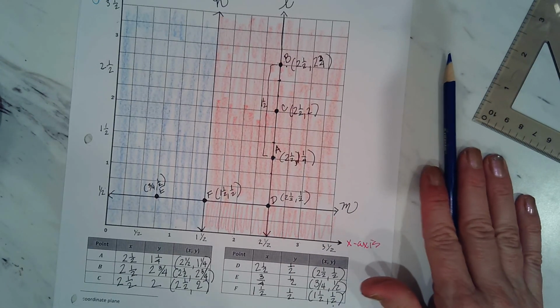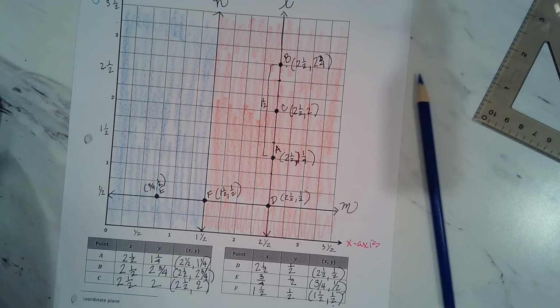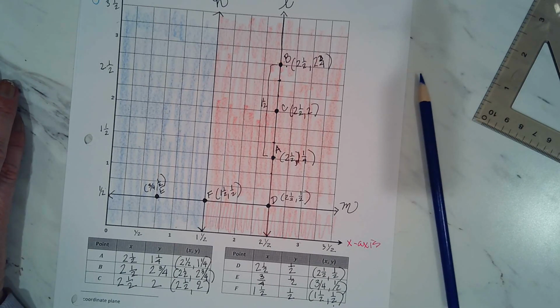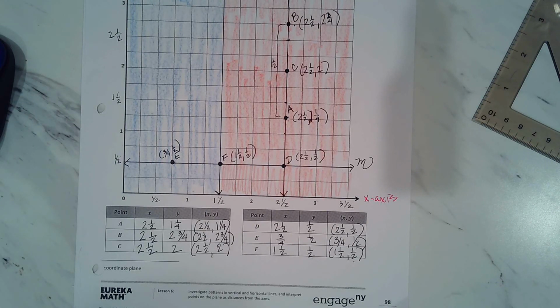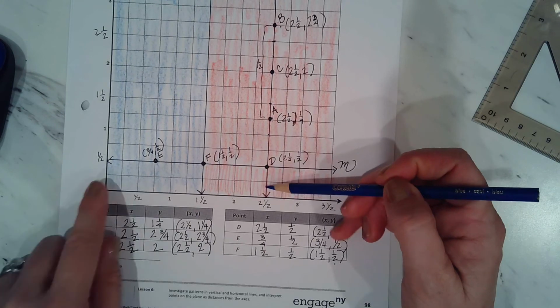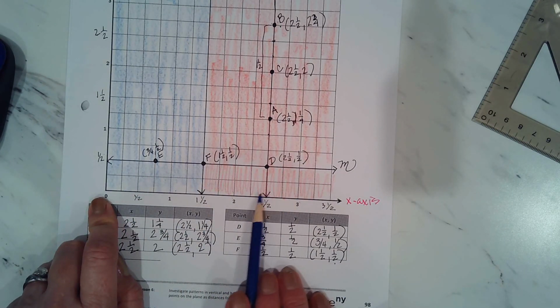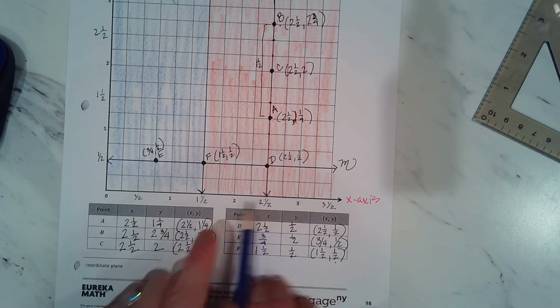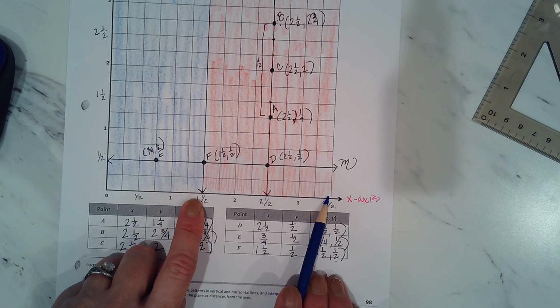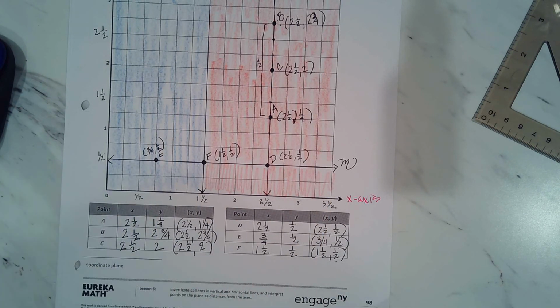Okay. Now, finish that up. Okay, now take your pencil. Because now this whole thing we're labeling is more than 1.5 units from the y-axis.